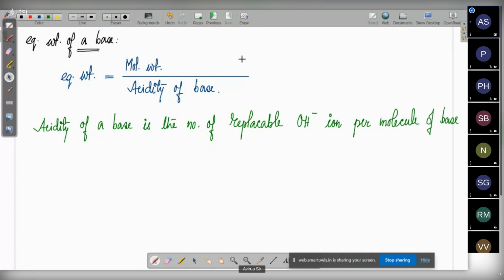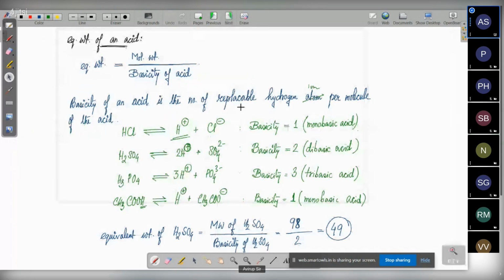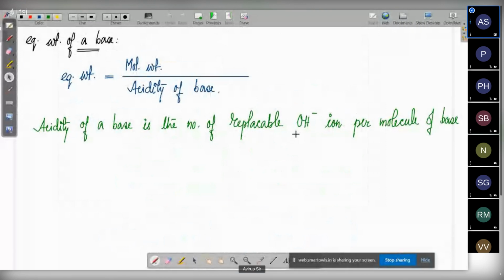Just like the previous one was number of replaceable hydrogen, here you have the number of replaceable OH minus, as simple as that.